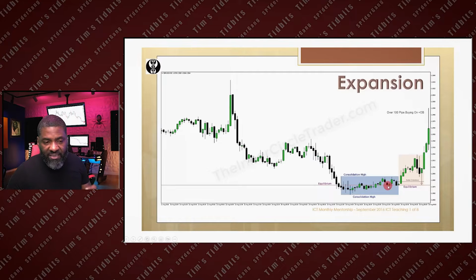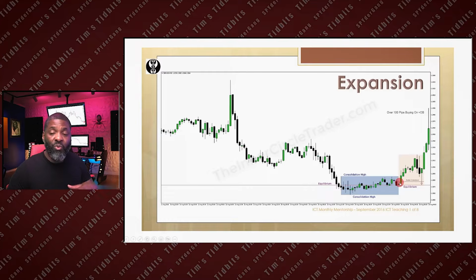So when price leaves equilibrium aggressively, like it does here, pang, right? Here it left to the upside, so it left a bullish order block right here at or near the equilibrium. The bullish order block at or near equilibrium is the area that you look for the order block in the case of this expansion right here.